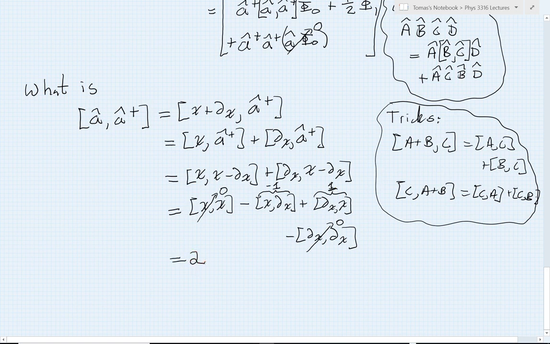Now, this looks great. You can see, though, if you've been paying attention, I've made one little mistake, right? The definition of a hat dagger is not x plus d by dx. That has to be divided by the square root of 2. So I have an extra factor of square root of 2 in here. And then when I substituted in for a dagger, there was another factor of 1 over square root of 2 that I should have had in my definition.